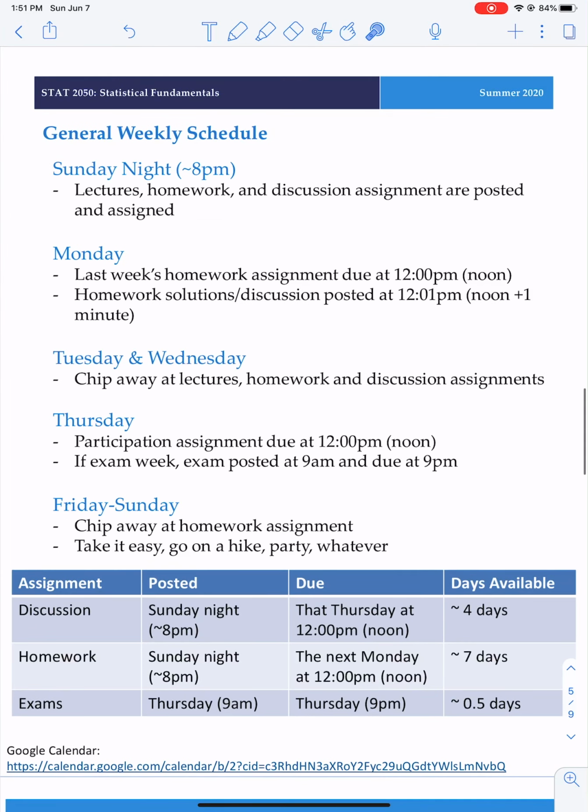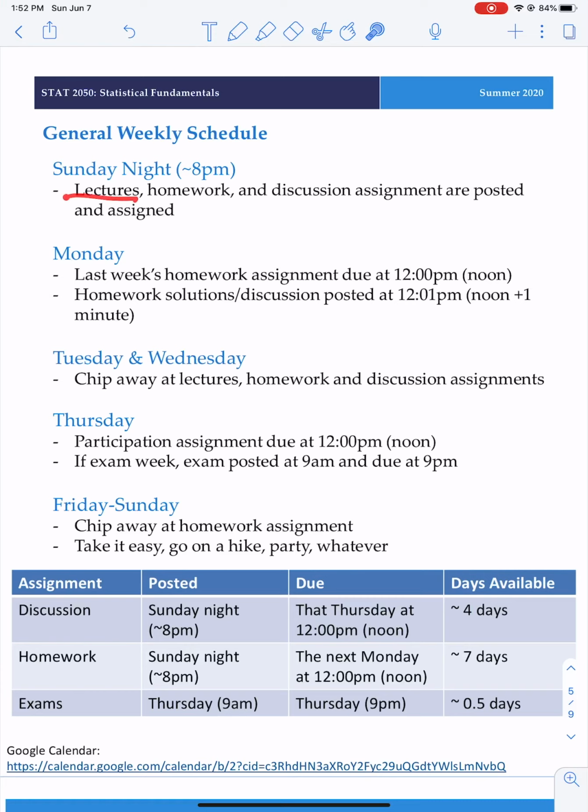Okay, so here is something that I hope is helpful. When I was making it, I thought it was nice. This is just the general idea of how the class will be structured from a time perspective. So we've got Sunday night, when everything is posted.